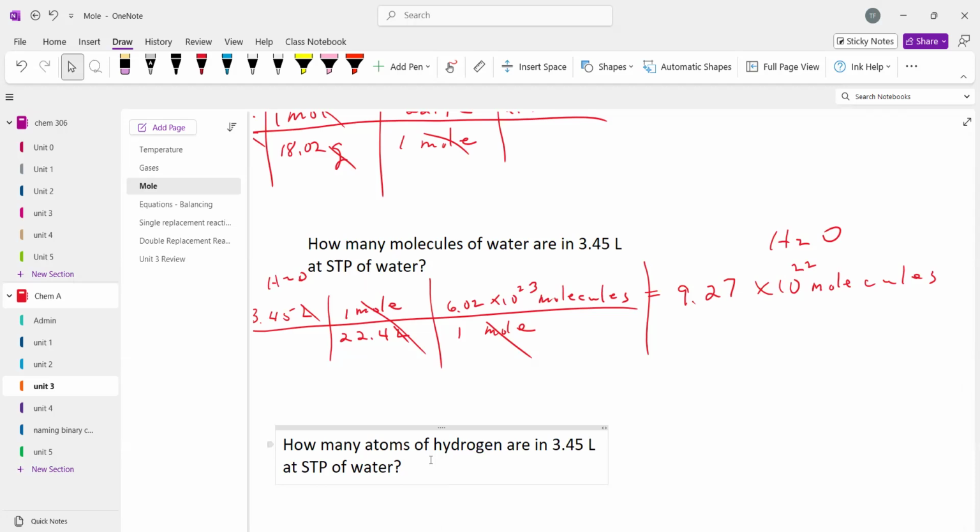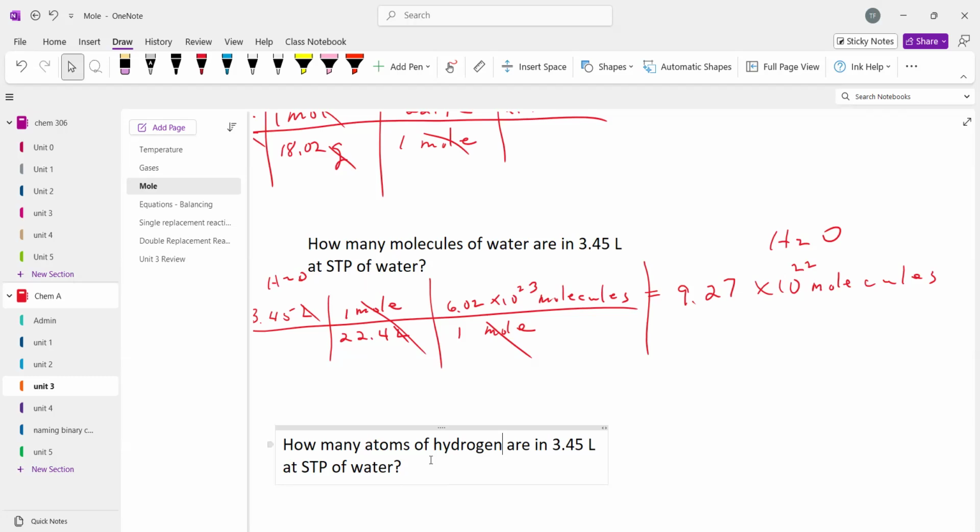If we have 10 wheels, how many bicycles can I make? 5, because it takes 2 wheels per bicycle. So the ratio of wheels to bicycles is 2 to 1. 2 wheels per 1 bicycle. Everyone okay with that? All right, let's look at water now.